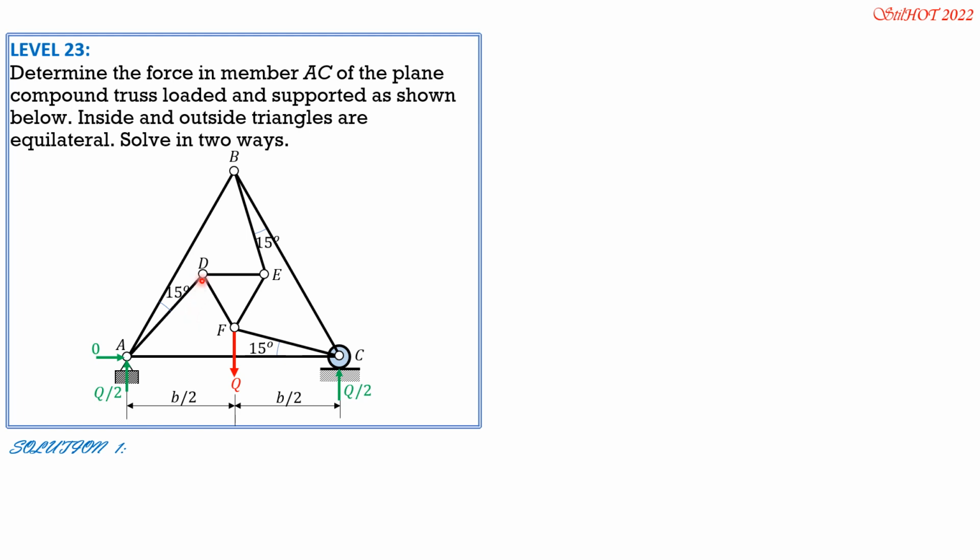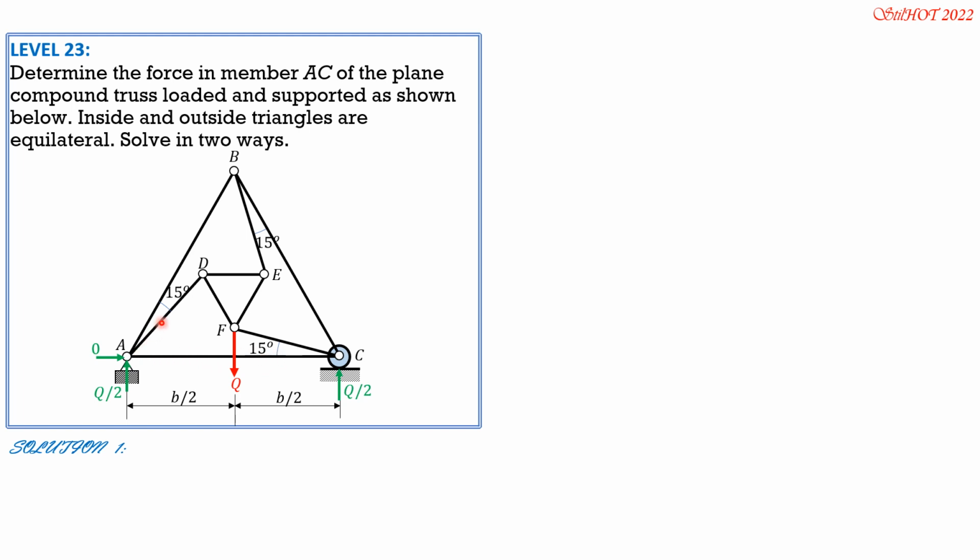We have to consider joint D first, then let's express forces of the other members in terms of FAD. Then once we proceed to D, E, F, until such time that we can solve for the value of FAD. Then after we solve for FAD, because this is equilateral, that's 15 degrees, so meaning this is 45 degrees, then we isolate joint A because there are only two unknown forces left, FAB and FAC, wherein FAC is the required.